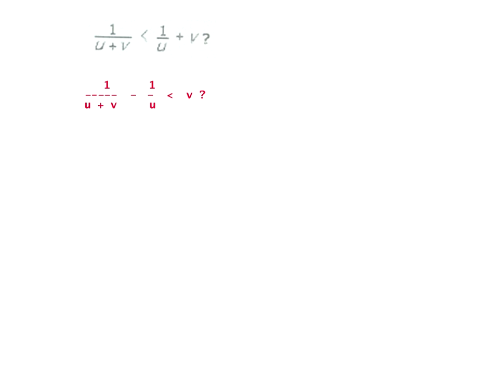All right, if you make a common denominator out of that, you're going to have to multiply by v on this one, and that's going to come with parentheses here. And then you're going to have to multiply by u plus v on the top and bottom of that one. So that's going to give you a common denominator of v(u plus v), and then that's v minus u minus v.